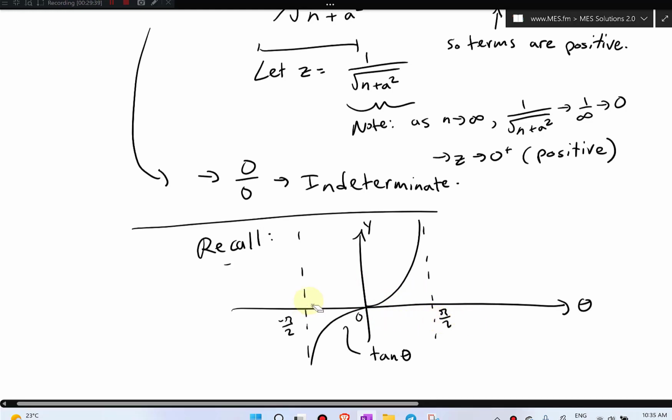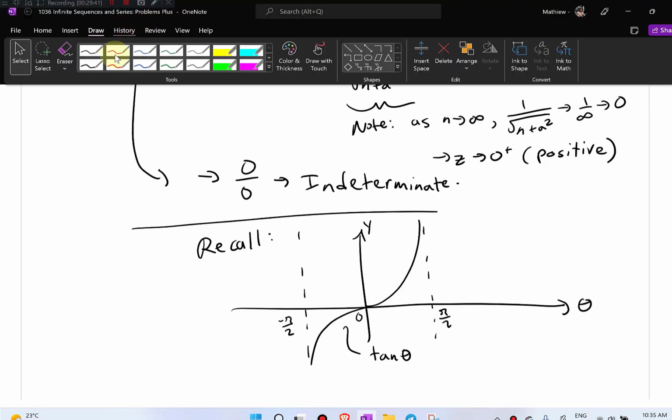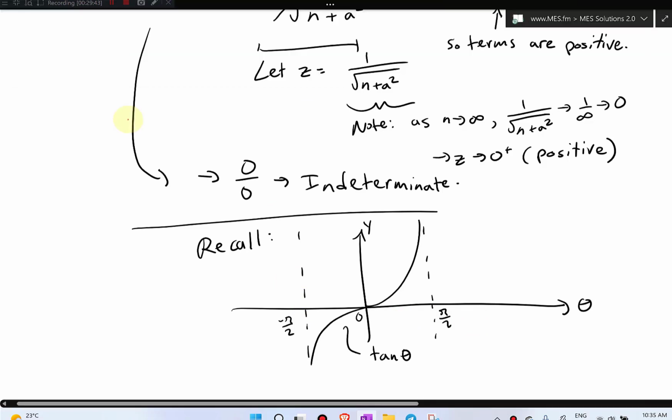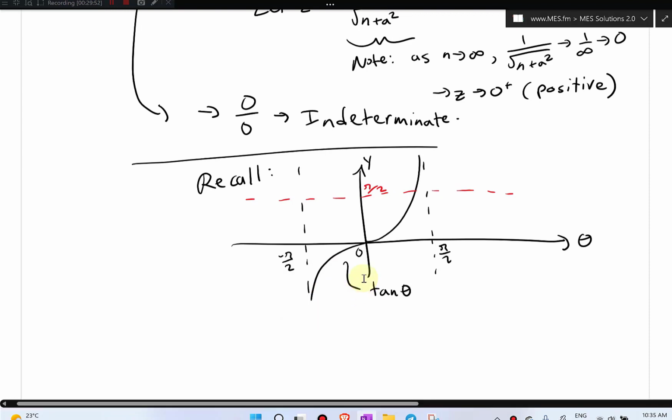And for the red one, I'll draw this in red. The asymptote line is going to be across here at pi over 2. And negative pi over 2 is now at the bottom.